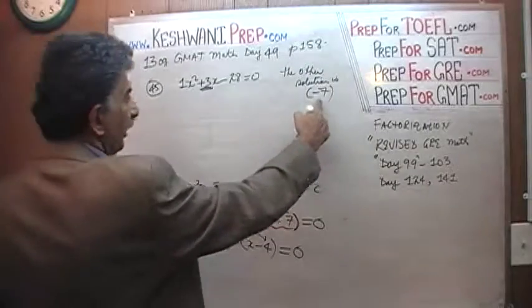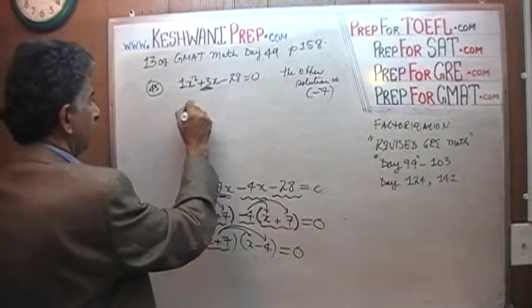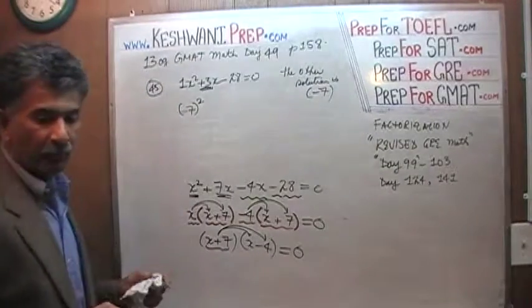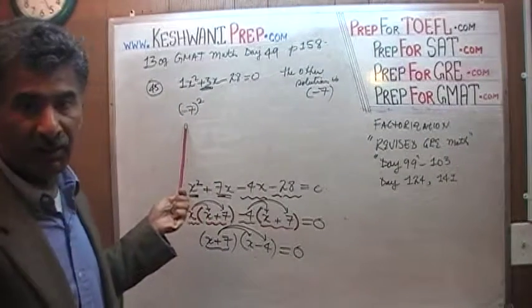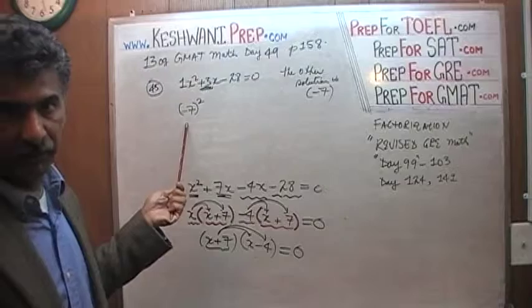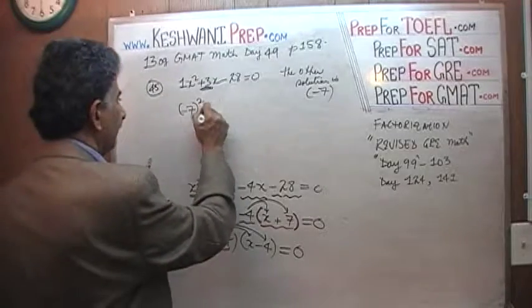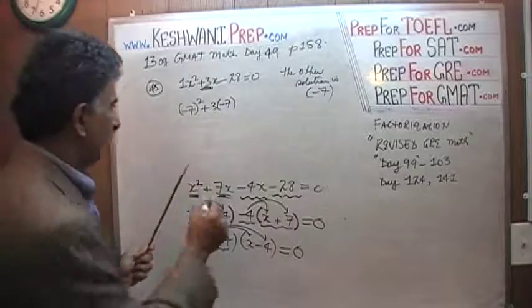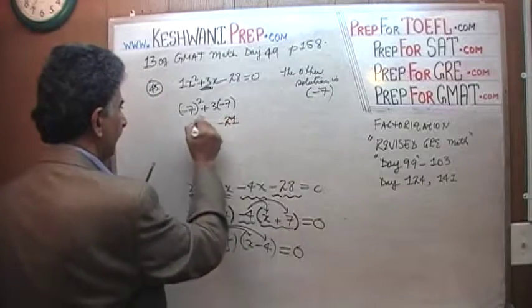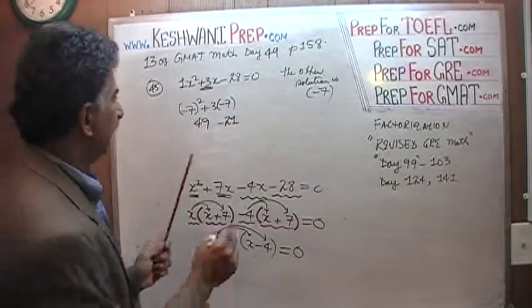So negative 7 squared. Now, of course, in the real exam, I wouldn't waste my time putting down negative 7 squared like I just did here. I would have directly put here 49. Do you understand? And of course, plus 3 times negative 7. Again, I would not have written like this. I would have simply written down negative 21. And this would have been 49. And then negative 28.